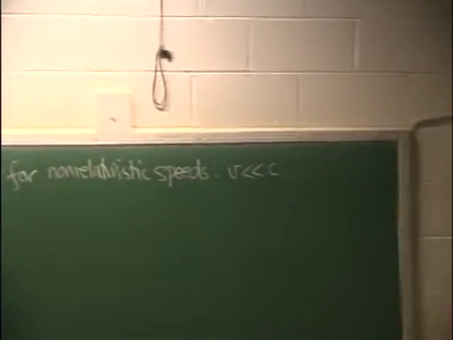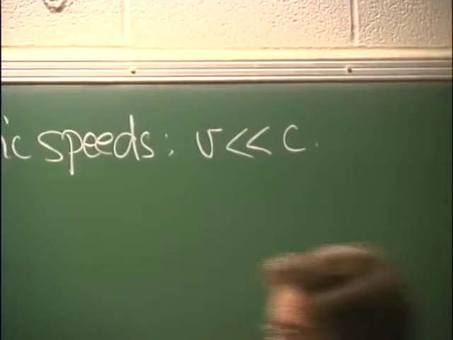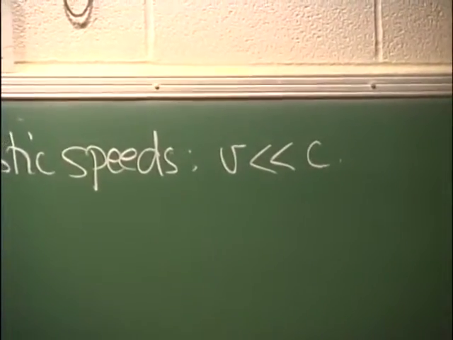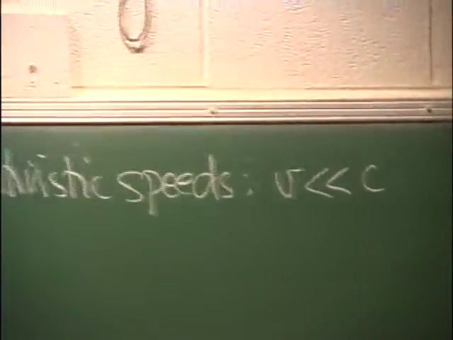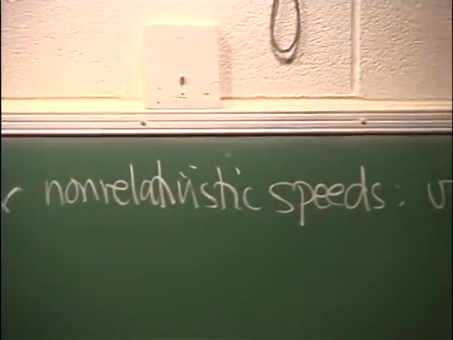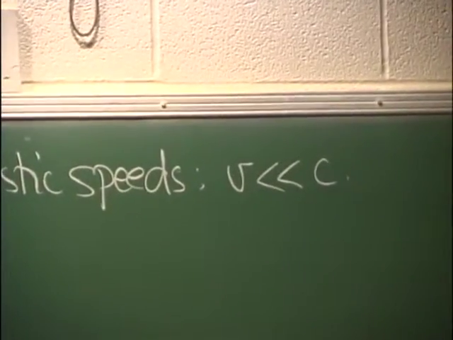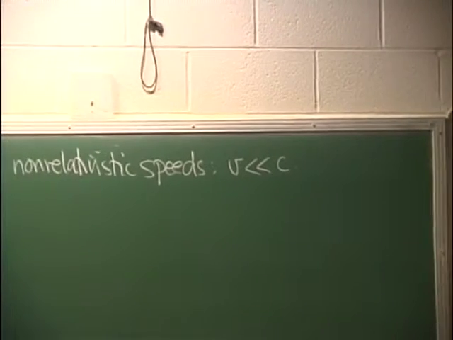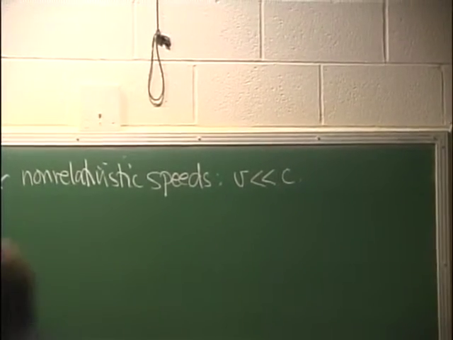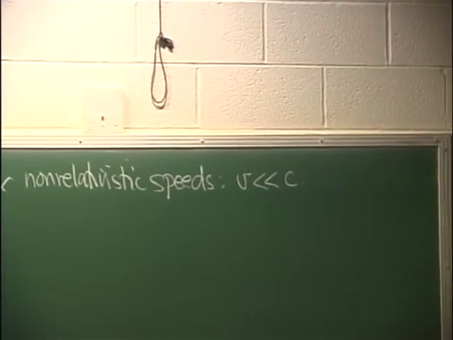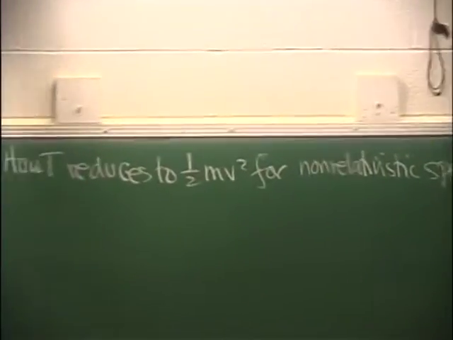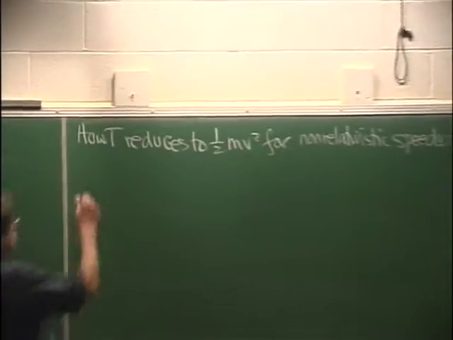In the classical realm, the old classical formulas should apply. They do for momentum, by the way. If v is much less than c, then this denominator is essentially 1, and I just get mv. So how does T reduce to 1/2 mv squared for non-relativistic speeds? I have to figure out how to write gamma approximately for v much less than c.